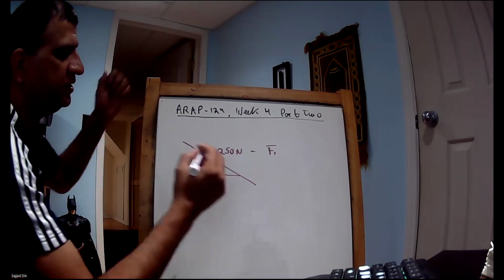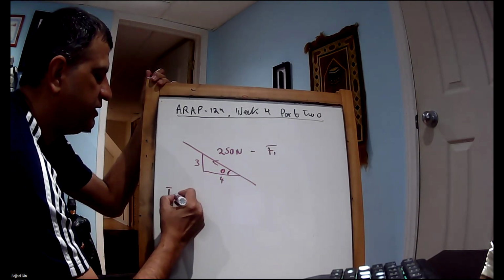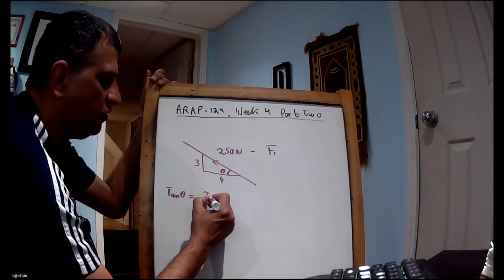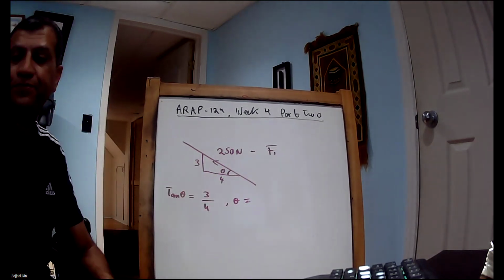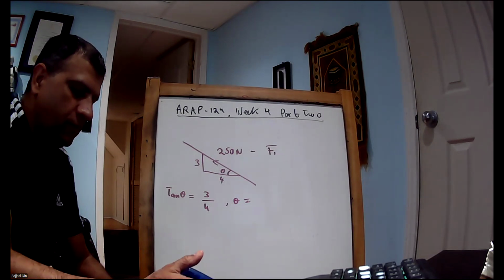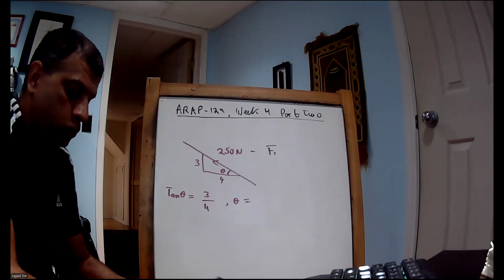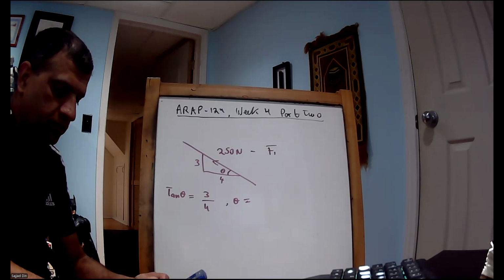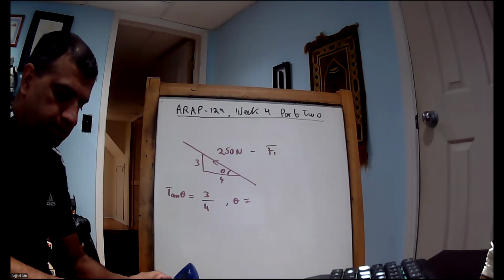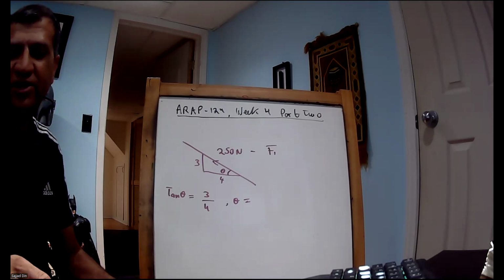So first, I would like to determine what this angle is. Tangent of theta is equal to opposite over adjacent. So theta is equal to, let's go ahead and calculate that. 36.8698 degrees.